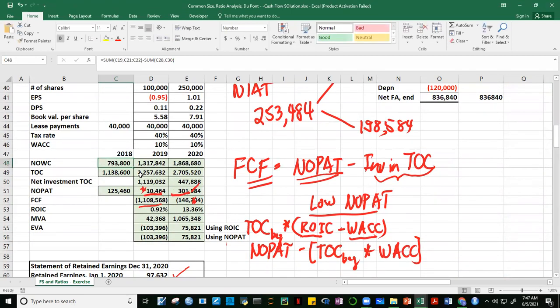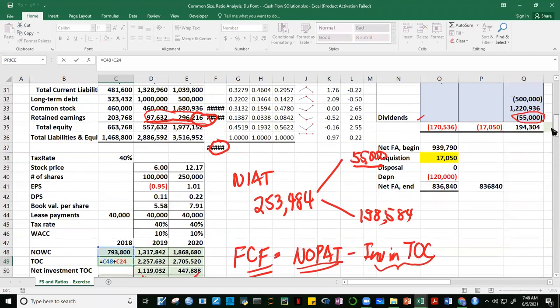So we just copy this to the right. Okay, pareho lang yung formula na yan. Okay, nasa column D and then nasa column E. So we can see that investment in operating working capital has been increasing over the years, no? 2018, 2019, 2020.